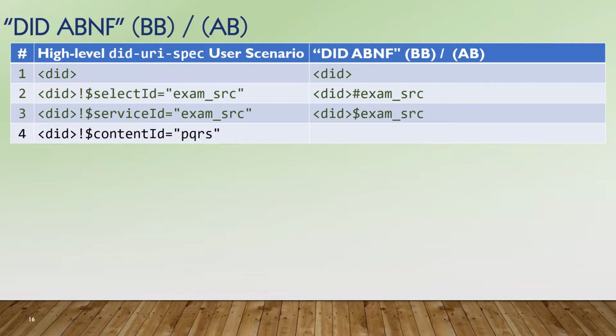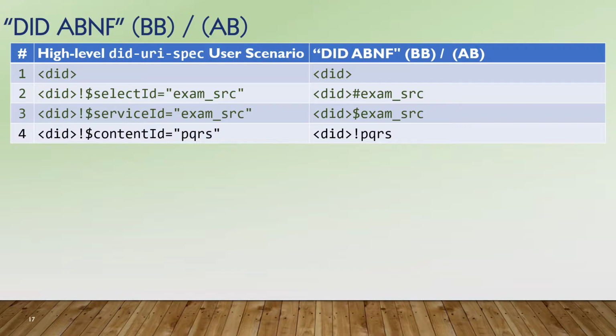Similarly, in number 3 here, service ID equals exam_src is equivalent to did semicolon exam src. You'd have to remember that semicolon means that you want a remapped URL. And lastly, we've got this scenario here where $content ID equals PQRS is mapped to did exclamation point PQRS.